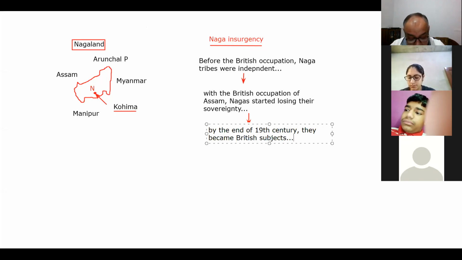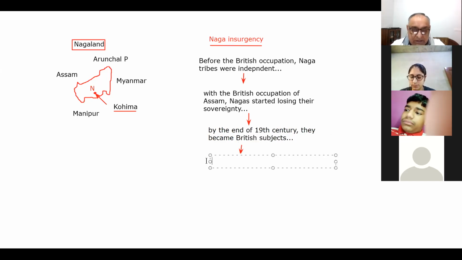As we have already discussed, Nagas belong to a separate stock of people who are of Indo-Mongoloid origin, right? That is why the Nagas took themselves as a separate ethnic group.